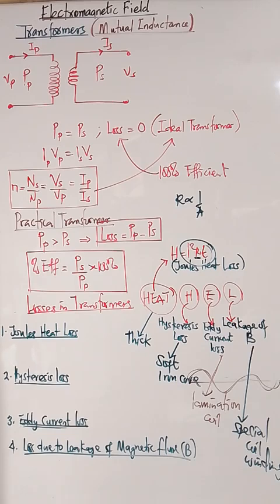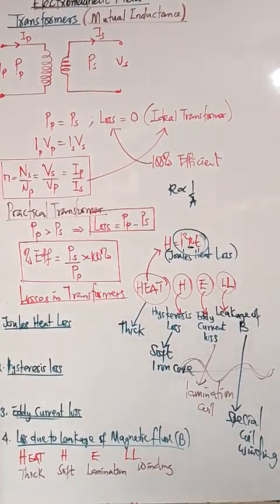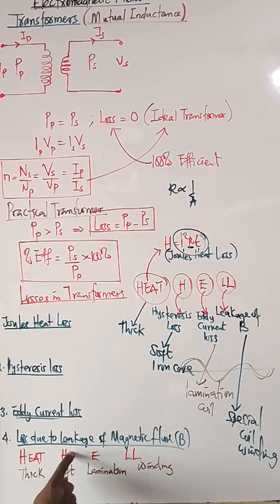I just tried to form an acronym that you can easily remember. Let me write it now. It's L, or you can say L it. Heat loss can be reduced by using a thick wire of low resistance. Hysteresis loss can be reduced using a soft iron core.